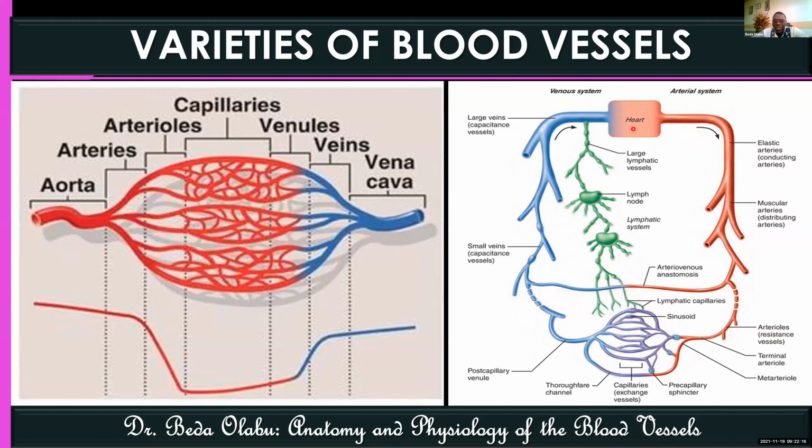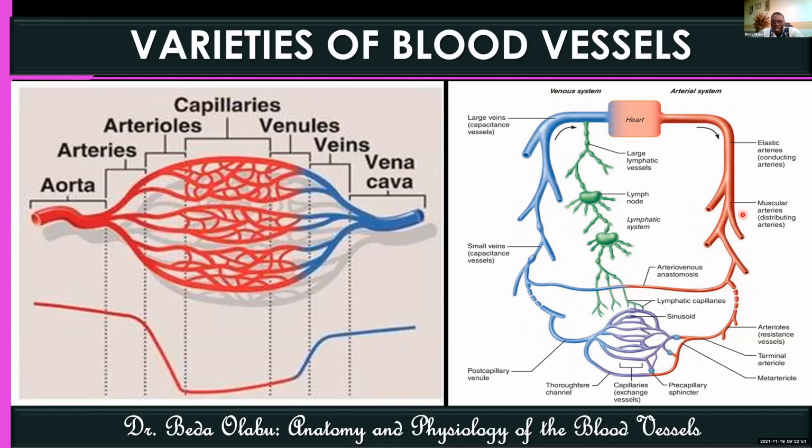But there's something I want to say here. From the heart, we've said that you have arteries. Histologically, there are different types of arteries, as we're going to see. The larger arteries are called elastic arteries. Their aim is just to conduct the blood, and as they do that, they maintain the blood pressure.